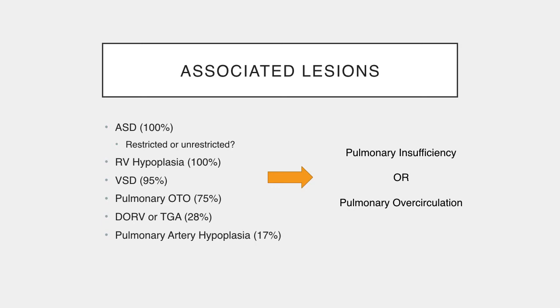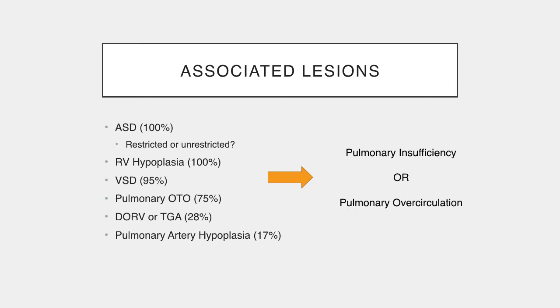But this would be a scenario if you did have a child with tricuspid atresia and a restricted ASD with insufficient right to left flow. You may need to intervene. You may need to be calling your cardiac interventionalist to do an atrial septostomy. So keep that in the back of your minds. But 100% of children born with tricuspid atresia will have an ASD.